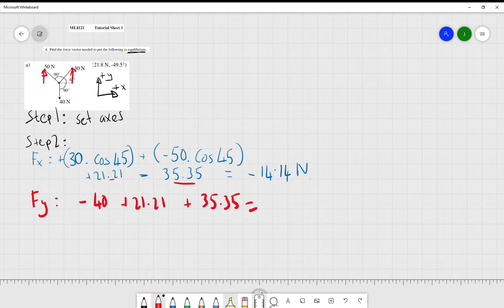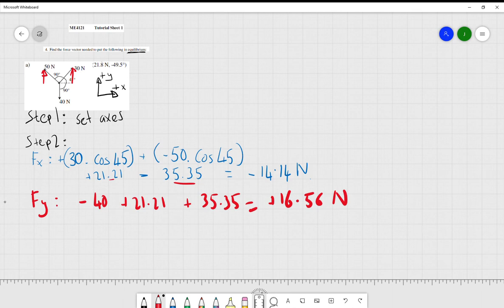Alright, so that is 35.35 plus 21.21 minus 40 equals 16, so positive 16.56 newtons in the y. So now we have the x and y component of our resultant.